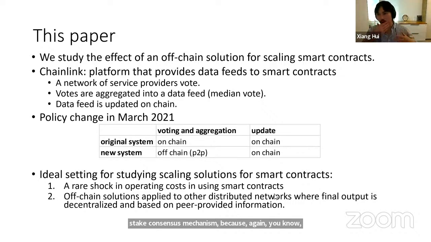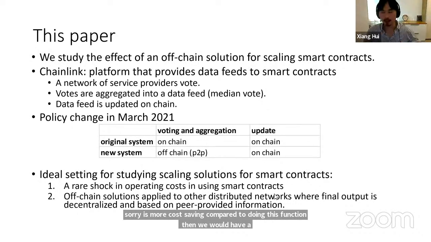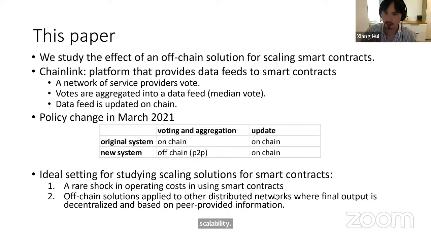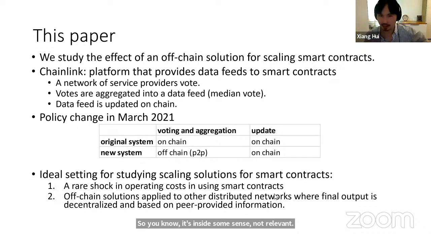It's about the cost of using the base layer infrastructure. We are taking some of the computation and some of the burden, the aggregation process or whatever, from on the blockchain to off the blockchain. And to the extent that doing this off-chain is more cost saving compared to doing this on-chain, then we would have a reduced cost of using the system and hence more scalability. So, in some sense, it's not relevant what the consensus mechanism of the base layer technology is.